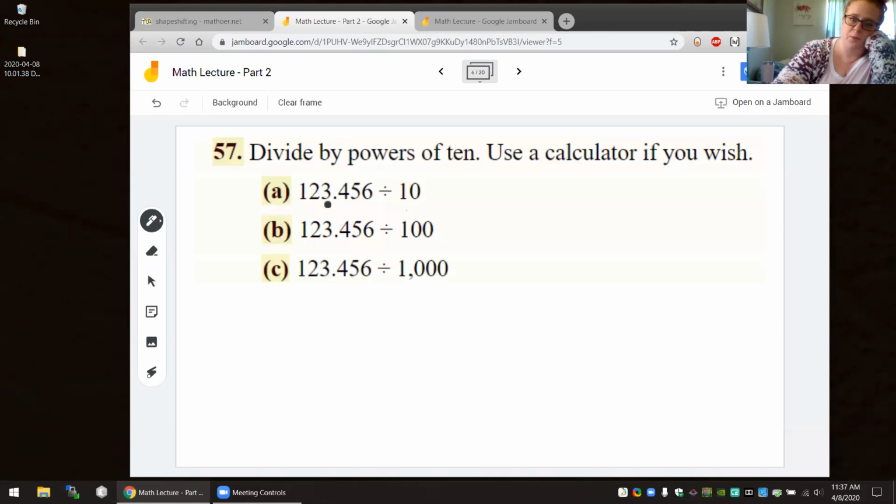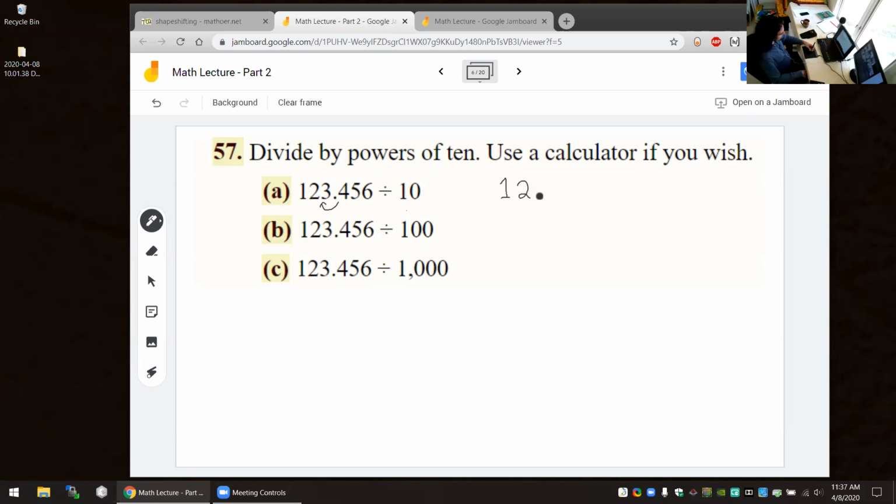The decimal place will move to the left. Yeah, instead of going to the right, getting things bigger, it gets smaller. If I divide by 100, instead of 2 to the right, it will be 2 to the left. And 1000 is still 3 scoots, but again, it's the other direction.